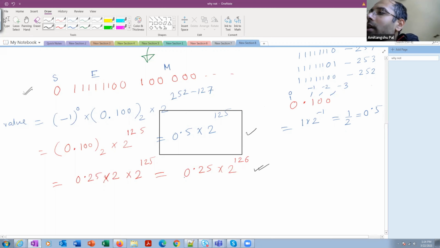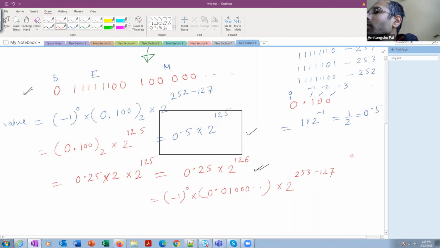So 0.25 into 2 to the power 126, I can write as minus 1 to the power 0 into 0.01000 into 2 to the power 253 minus 127.